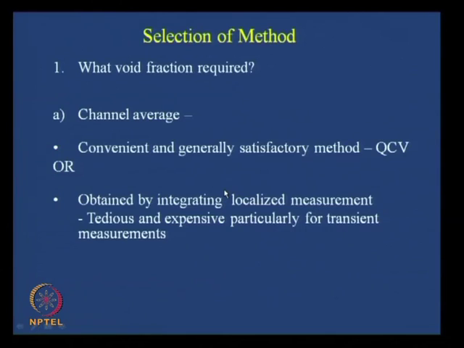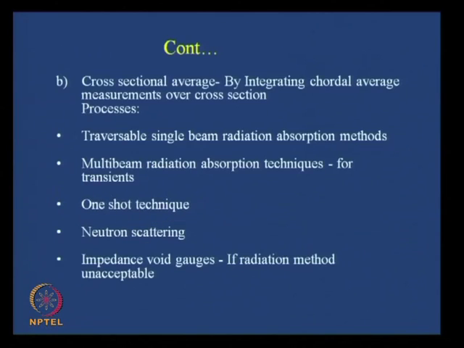Or else we can get a large number of caudal averages, as I was telling, and then we can transfer it to the volume average value. This is of course very tedious, very expensive, and transient measurements are not possible. Remember one thing, quick closing valve is a very accurate technique, but it is only for steady state situations, otherwise it is not very accurate.